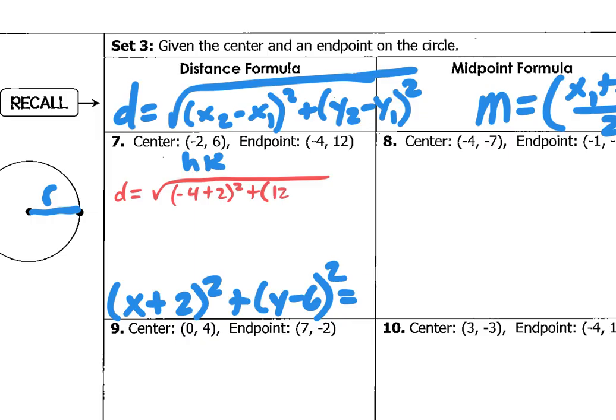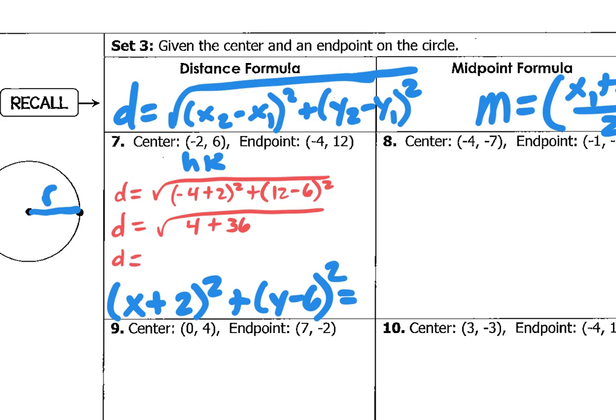And then y2 minus y1 would be 12 minus 6, squared. Negative 4 plus 2 would be negative 2. Negative 2 squared would be 4. Remember, when you square a number, it should always be a positive. No negatives right here. 12 minus 6 is 6, and then that would be 36.